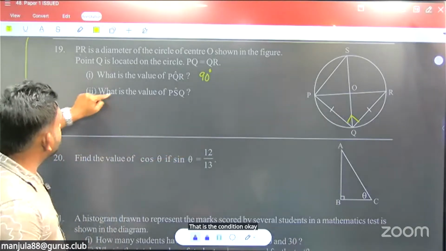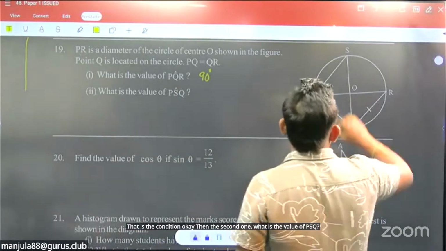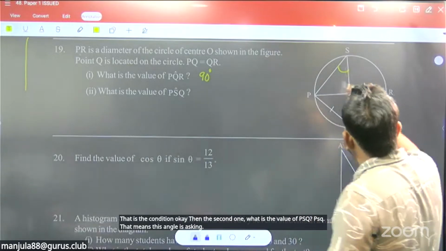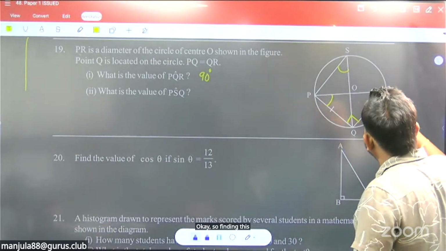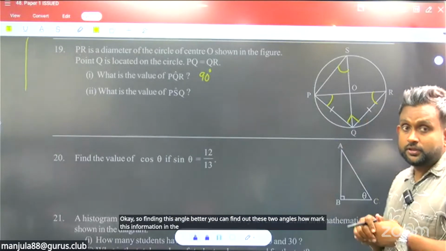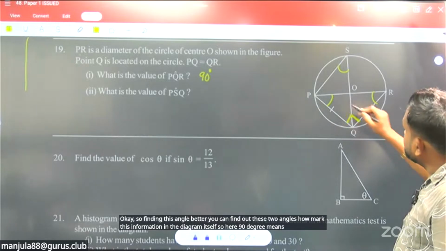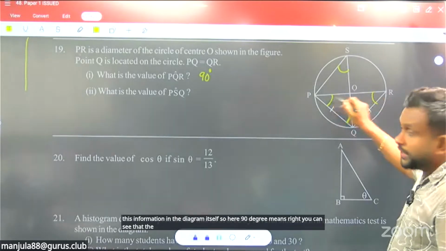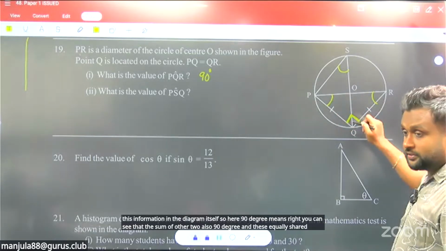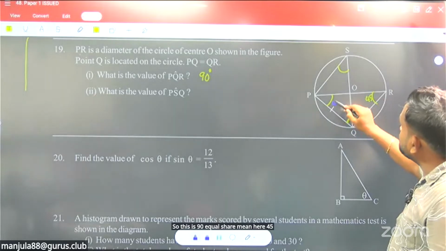Then the second one, what is the value of PSQ? PSQ, that means this angle is asked, okay? For finding this angle, better you find these two angles. How? Mark this information in the diagram itself. So here 90 degree means the sum of the other two is also 90 degree, and these are equally shared. So 90 equally shared means here 45 degree and here also 45 degree.